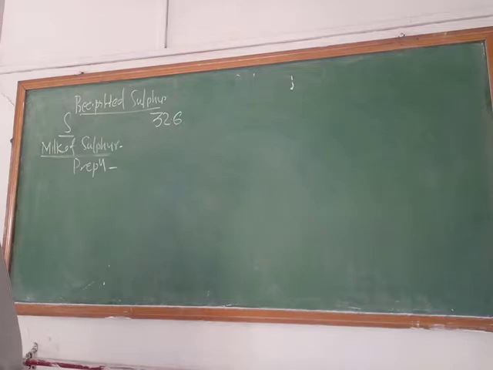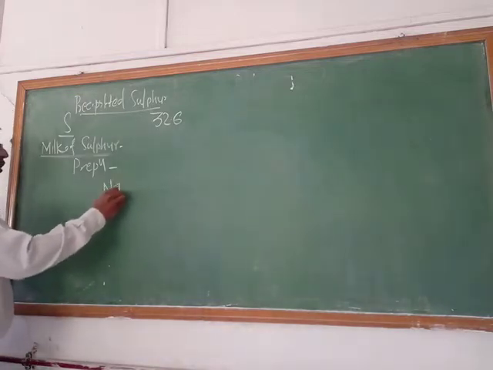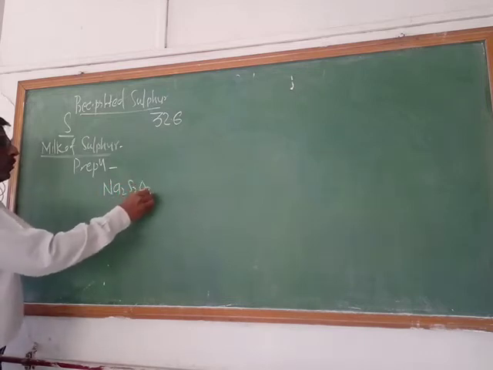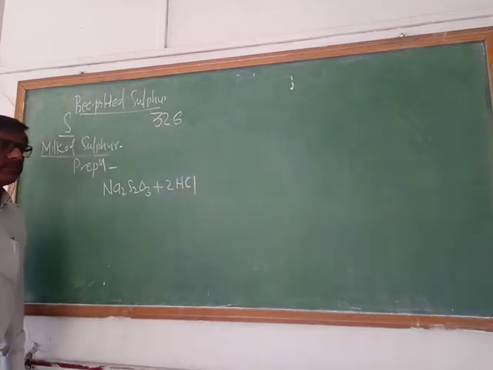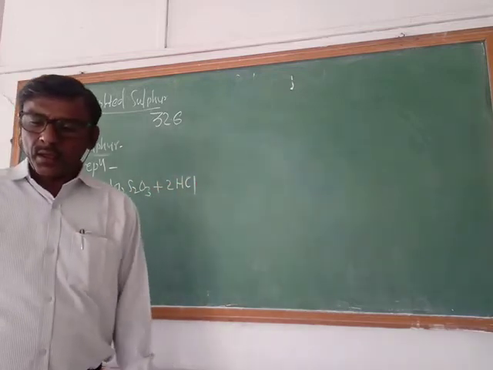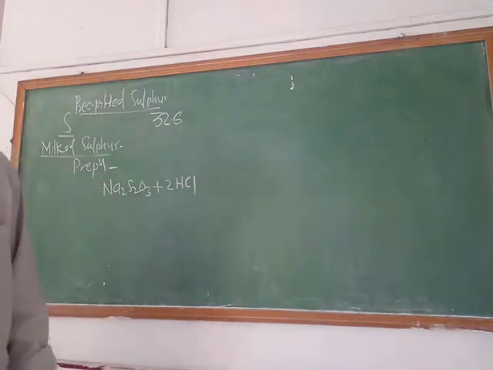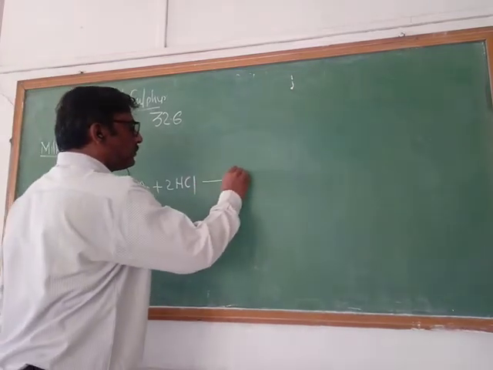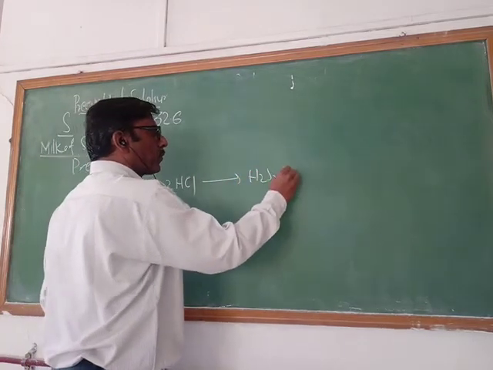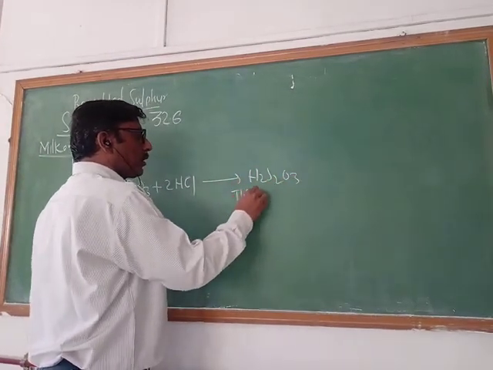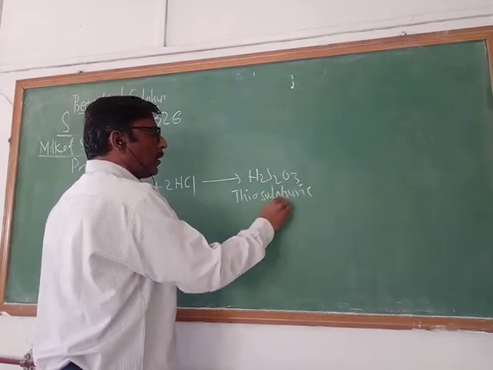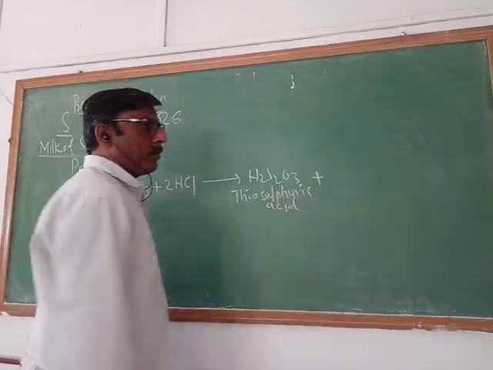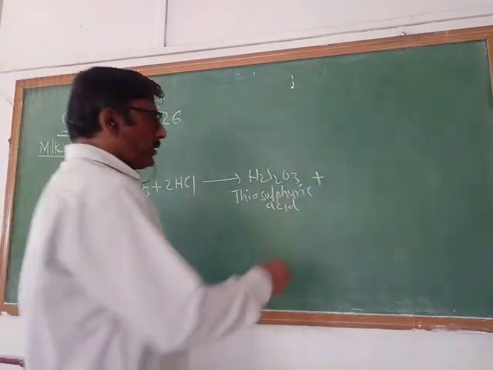So we are taking the example of sodium thiosulfate, Na2S2O3, plus twice HCl, that's mineral acid. We are getting H2S2O3, thiosulfuric acid, plus twice NaCl.